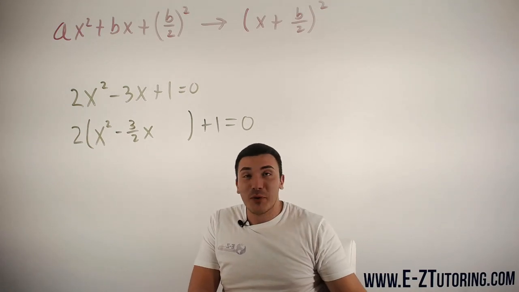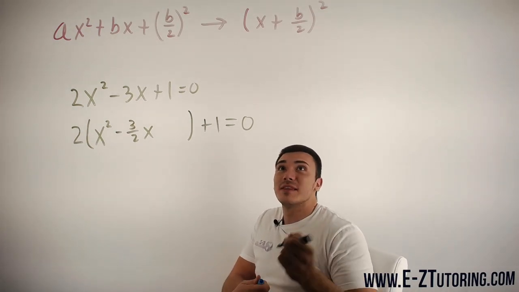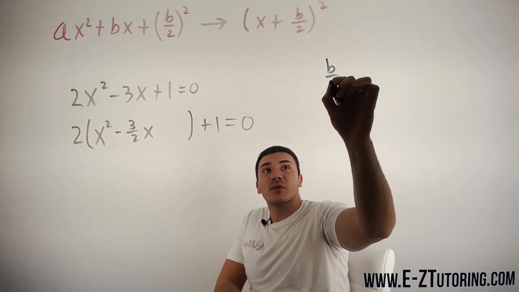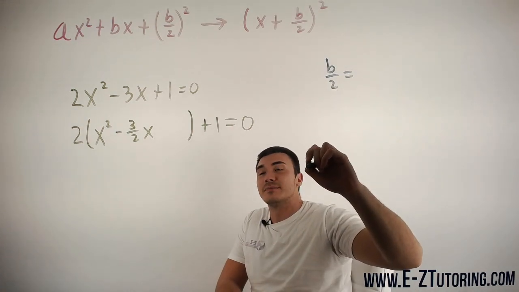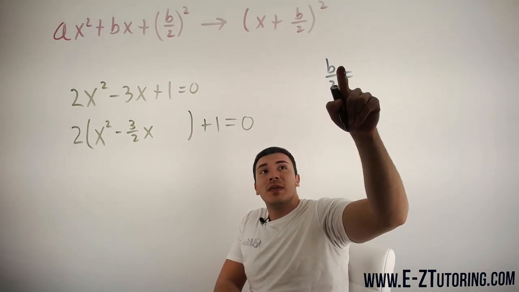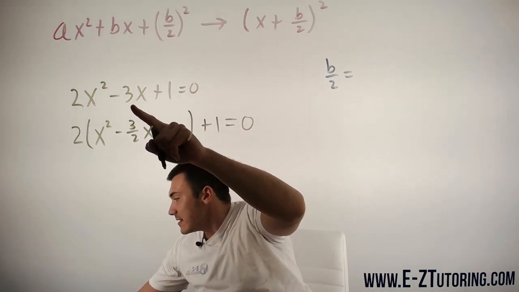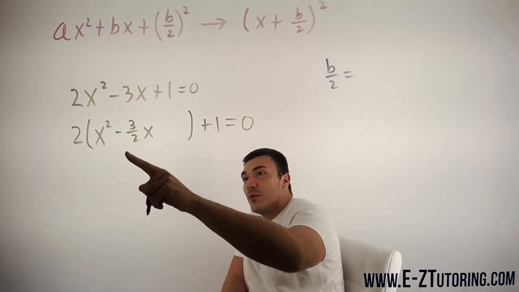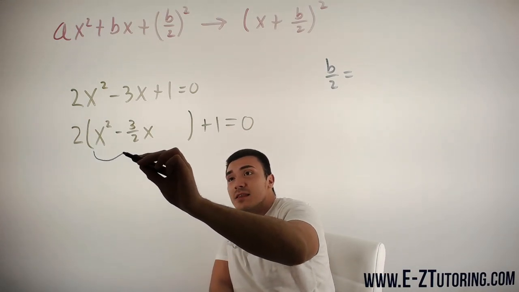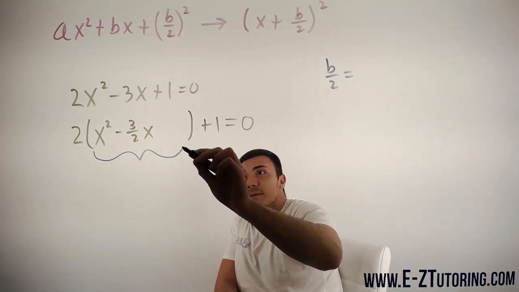Like I said, I'm going to assume you are already familiar with the steps to completing the square, so I won't focus too much on these steps right here. So b over 2. You obviously do not want to look at this b value because this is our old b value. Now we are only looking at this quadratic right here.